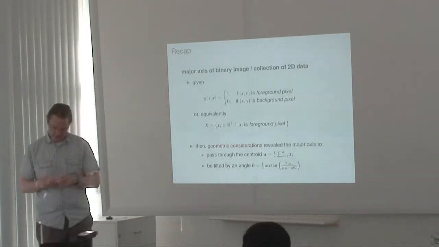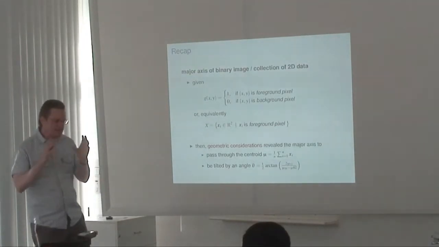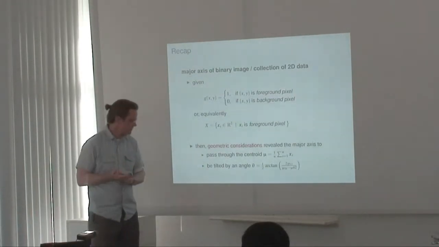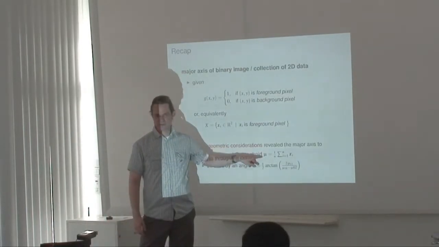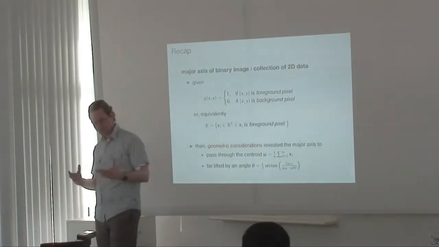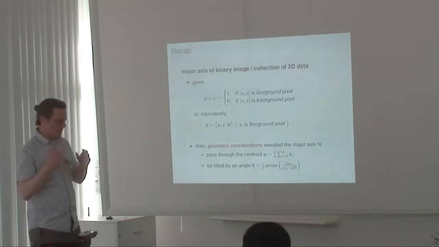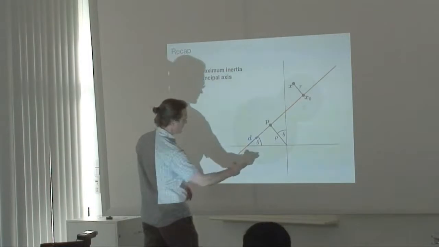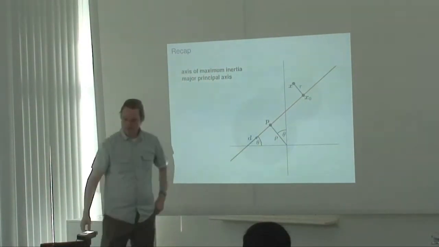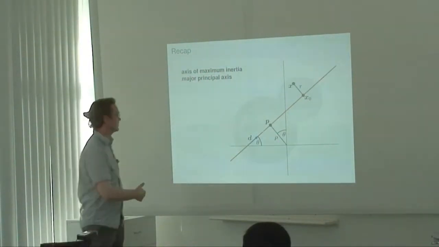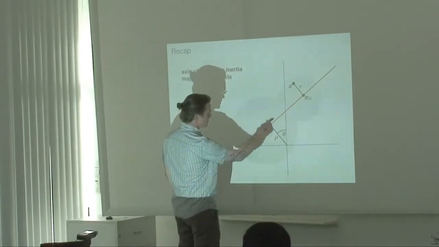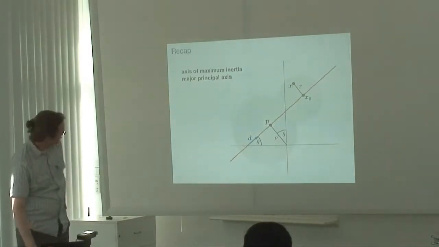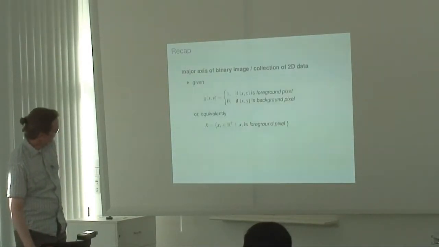First of all, we found that this axis we are after, the major principal axis, passes through the mean or centroid of the data. And I said this is better than actually trying to compute this parameter rho, this sort of offset of the line from the origin. If we know that this line will pass through the mean, which is probably here, that is likely better. So we don't care about this parameter rho anymore.